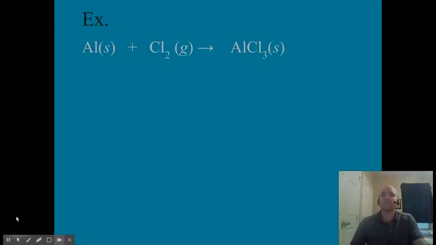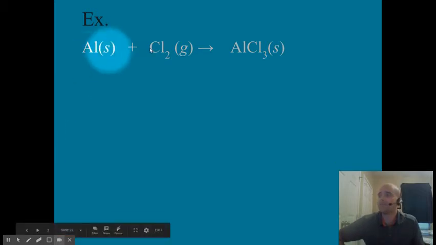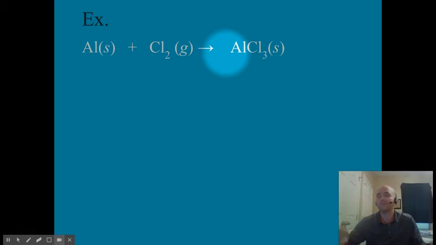If I have my first problem, how would I balance it? Well, I have 1 aluminum here and 2 chlorines here, and 1 aluminum and 3 chlorines. So what I'll try to do is put a 3 here and a 2 here so that I would have a total of 6 on each side.